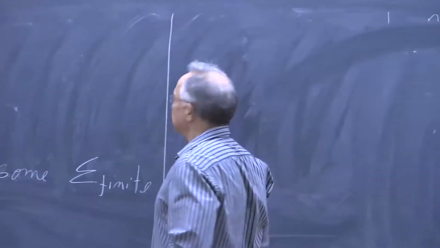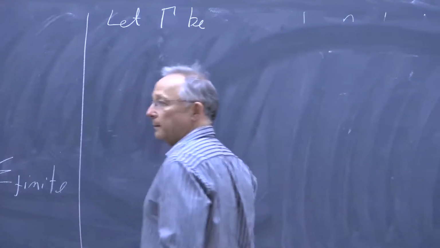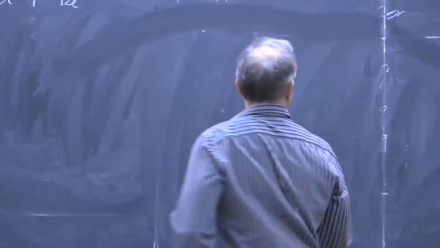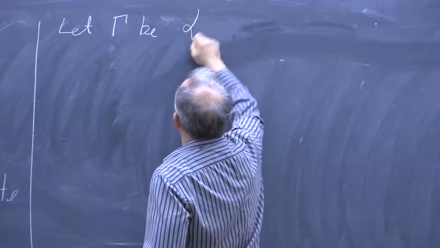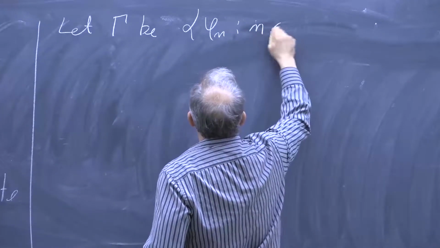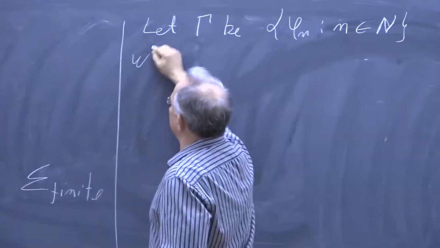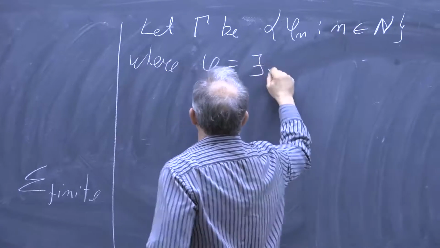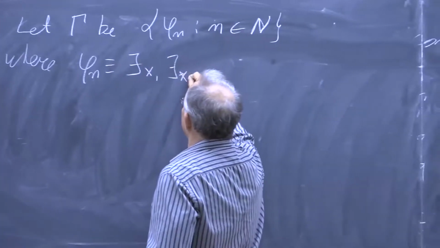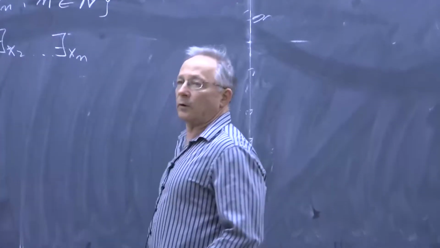So let gamma be the set that we just saw here, sigma infinity, the set of all phi n, n in N, where phi n is just the formula: there exists x1, there exists x2, there exists xn, such that all of them are different.